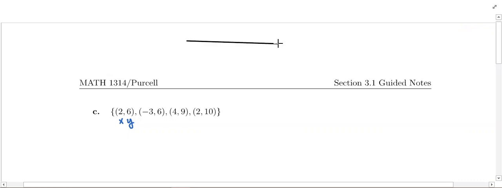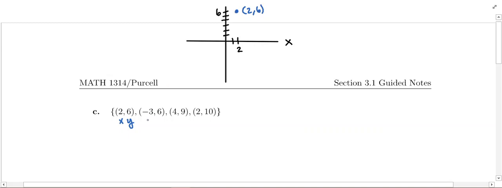If we draw in our x-axis and then the y-axis, this first point that we have been given is the ordered pair 2, 6. That means if the x coordinate is 2, then the y coordinate would be 6, and we would be talking about this particular point right here. So that's that first ordered pair.